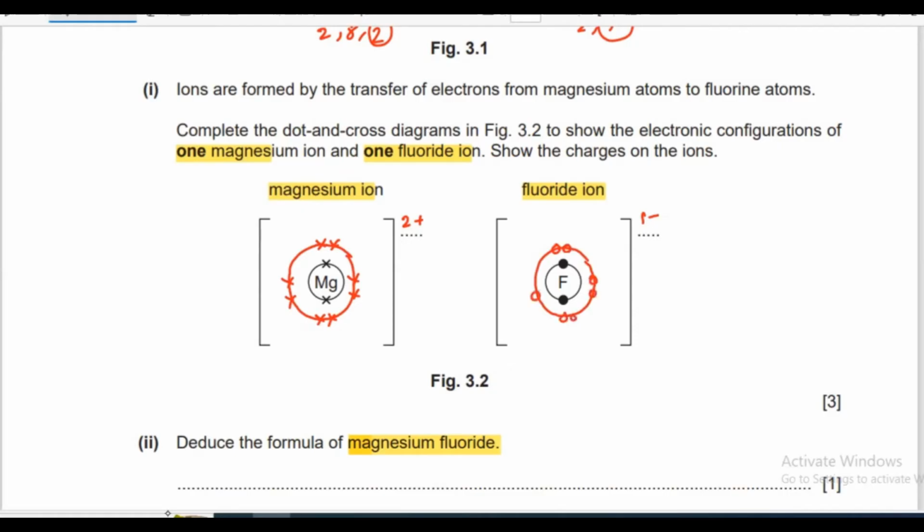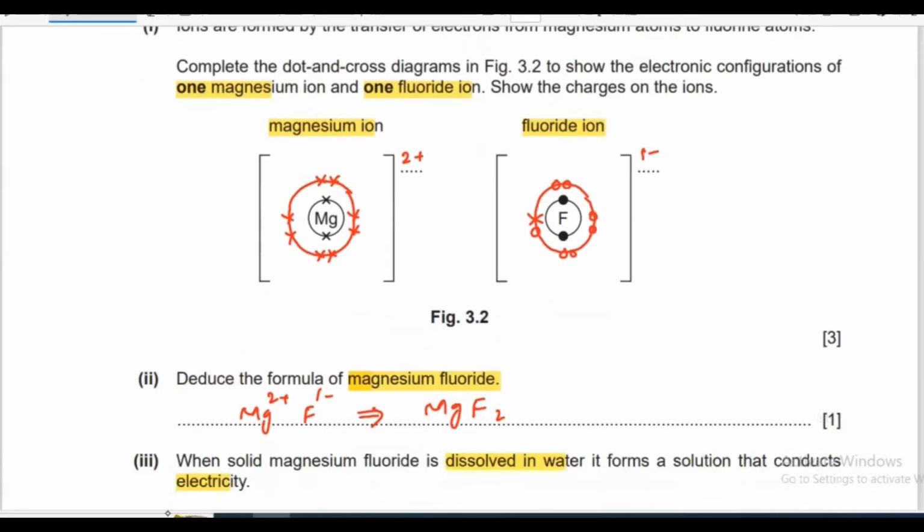When it gains 1 electron, this is the electronic configuration of the fluoride ion. Deduce the formula of magnesium fluoride. Mg having 2 positive charge, fluorine having 1 negative charge. So the formula of magnesium fluoride will be MgF2.